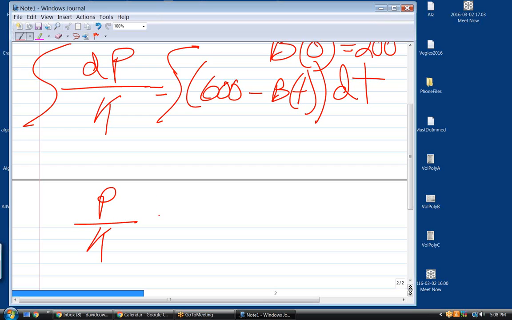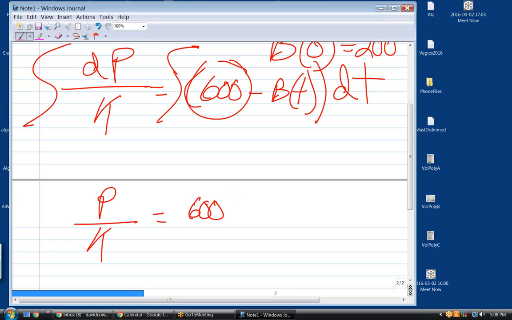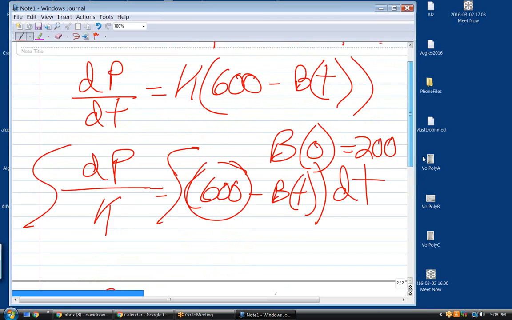The integral of the right is what? Okay, so it'd be 600 squared over 2. No, wait, it would just be 600t. And then it would be bt squared over 2.